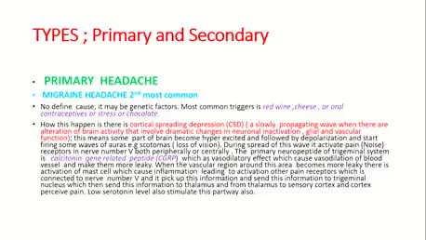What happens when you take these triggers is what we call cortical spreading depression. In simple terms, it means a slow propagating wave, where there is alteration of brain activity.